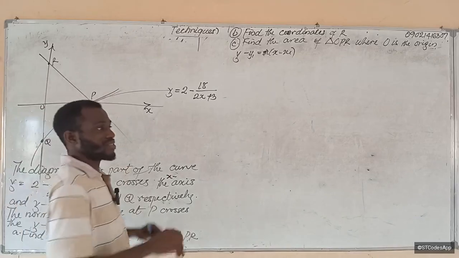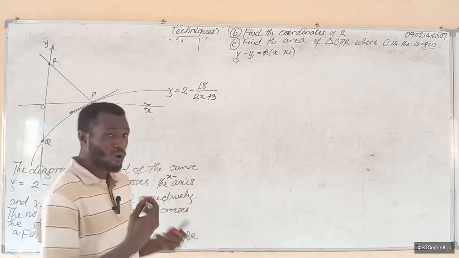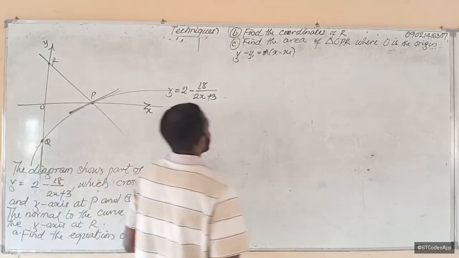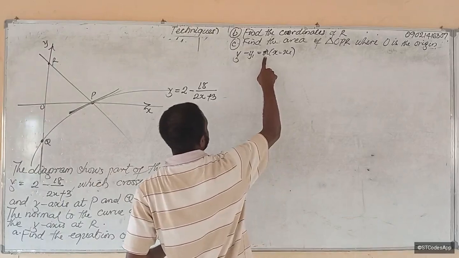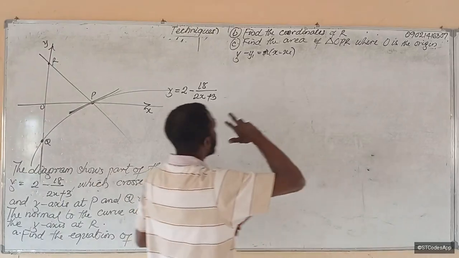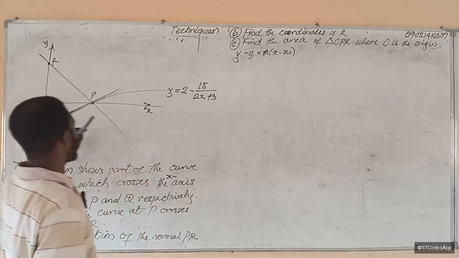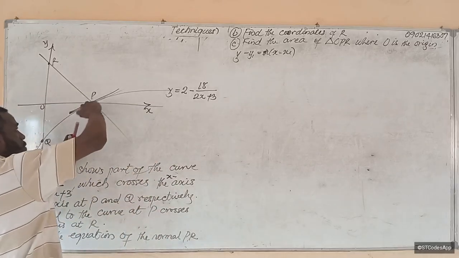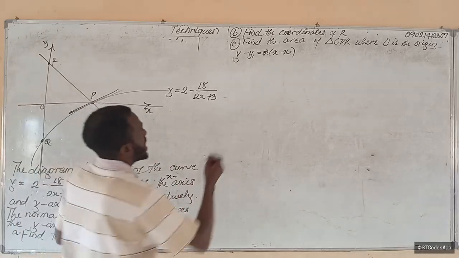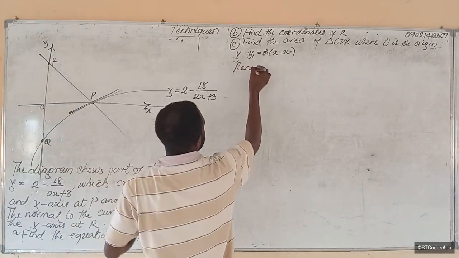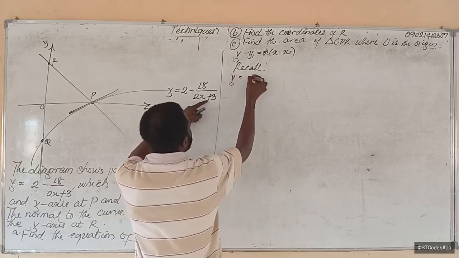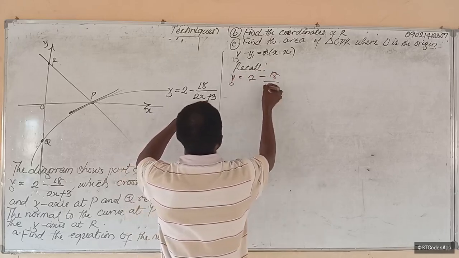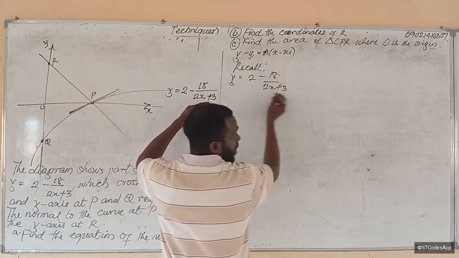Do you understand now? This is like the graphical evaluation of all we have been doing so far. So now, let's first find the point. I think it's easier since we know that on the x-axis, y will be 0. Recall that we are given y equal to 2 minus 18 over 2x plus 3.